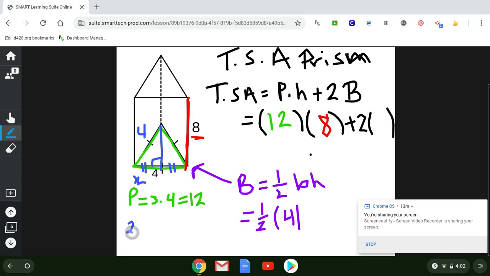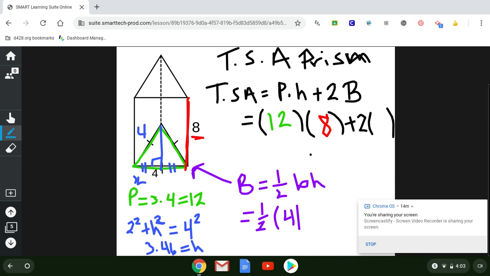So it's going to be 2 squared plus my height squared equals 4 squared. And when I solve that for h, I get about 3.46.